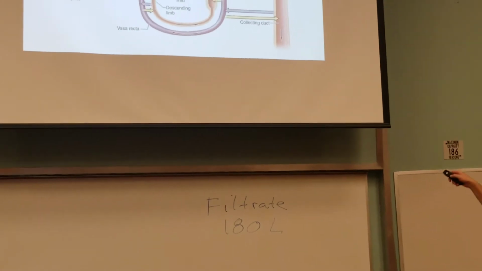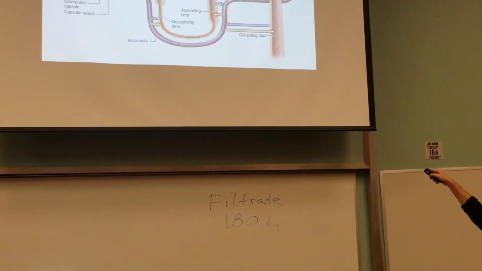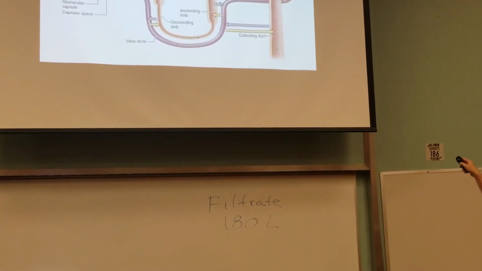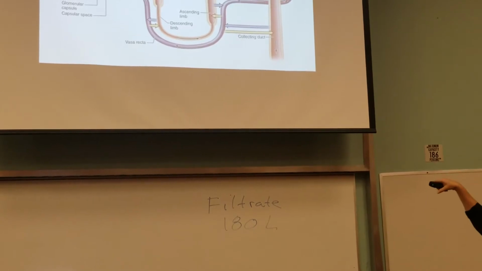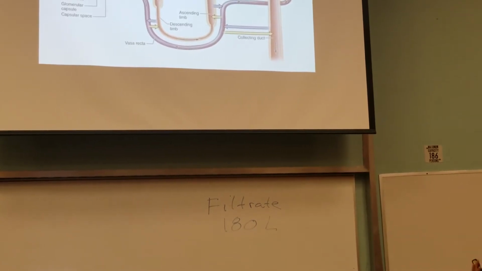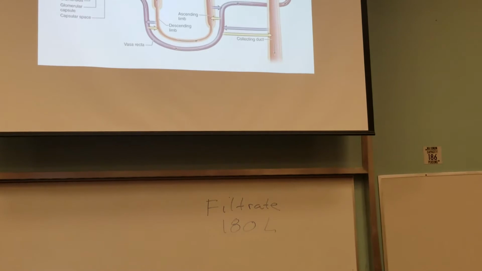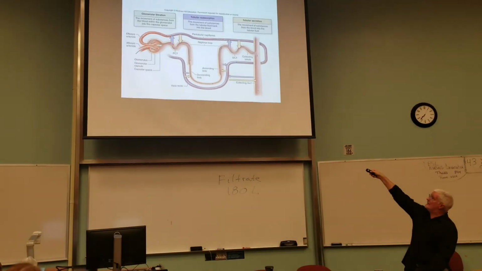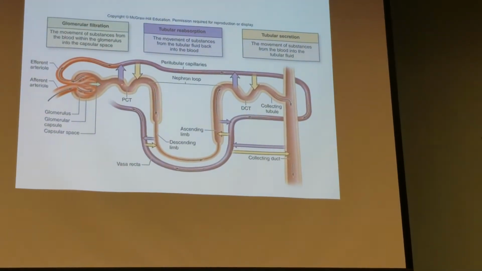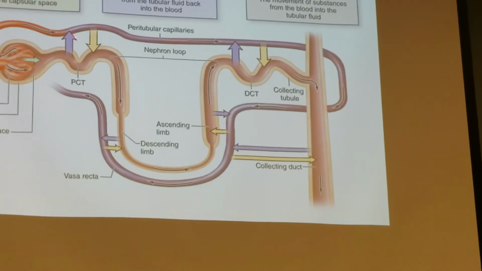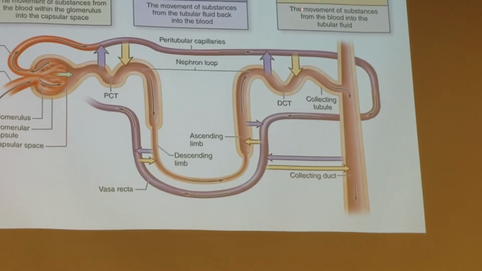So anywhere we have a purple area, purple arrows, we are reabsorbing. Anywhere we have gold arrows, we are secreting. So this is how you want to think about reabsorption versus secretion. Reabsorption is going from the filtrate back into the blood. Secretion is what?